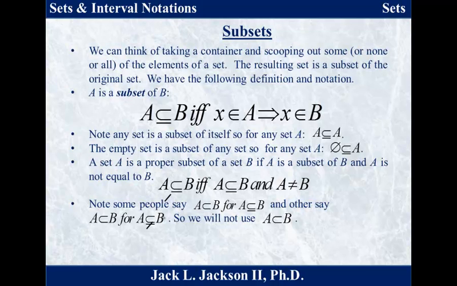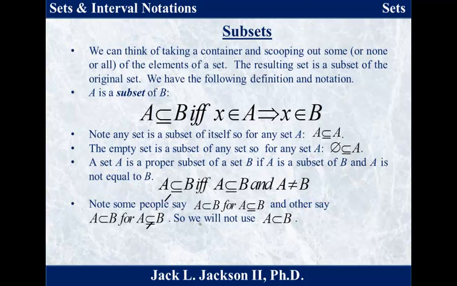Now, some people use a notation with the subset symbol without the little line underneath. The problem with that is it's not used consistently everywhere. Some people use that symbol to mean just a subset, allowing equality.